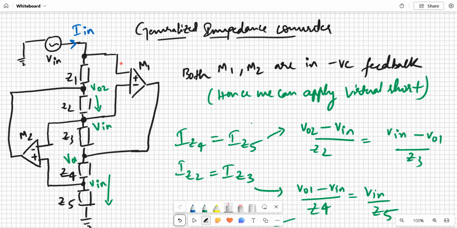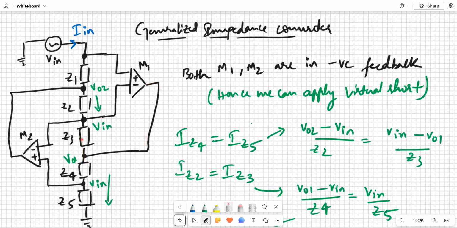Okay, so you see the two op amps, M1 and M2. I have named them so. By seeing the circuit itself, we can make sure that both the op amps are in negative feedback, because the feedback loop contains only passive elements.